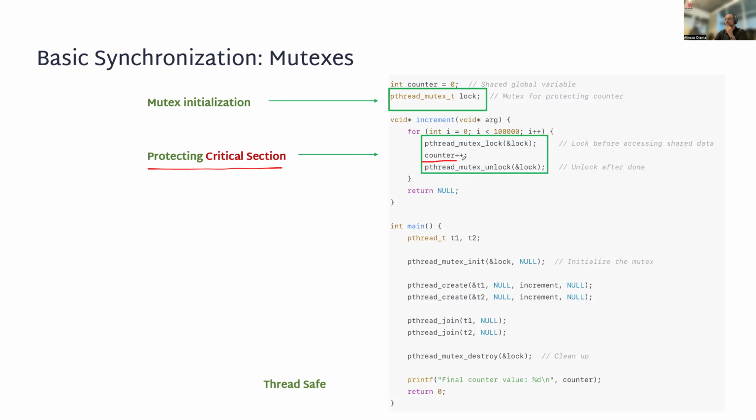So before this counter++, you have this pthread_mutex_lock, and then you pass in the address of the lock that you defined. And then you have this pthread_mutex_unlock. In this case, you are releasing the lock. So this is done manually.